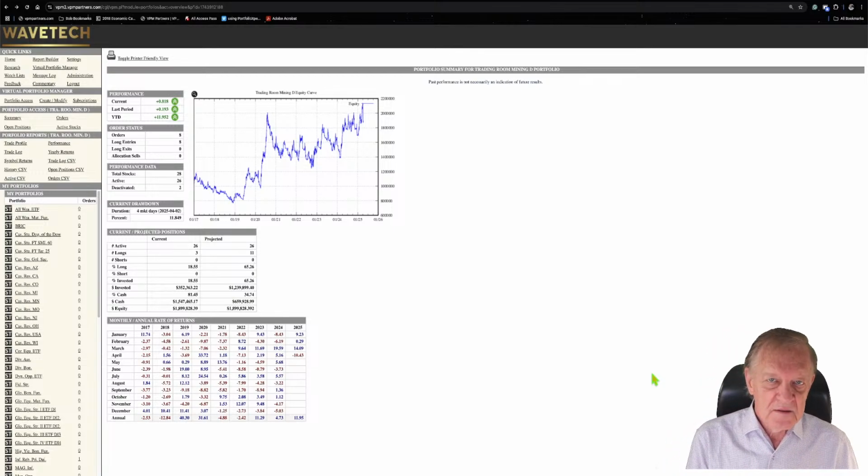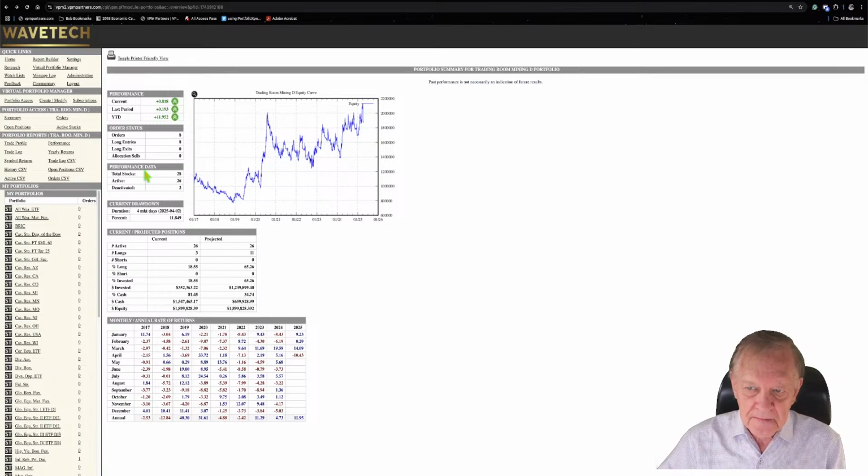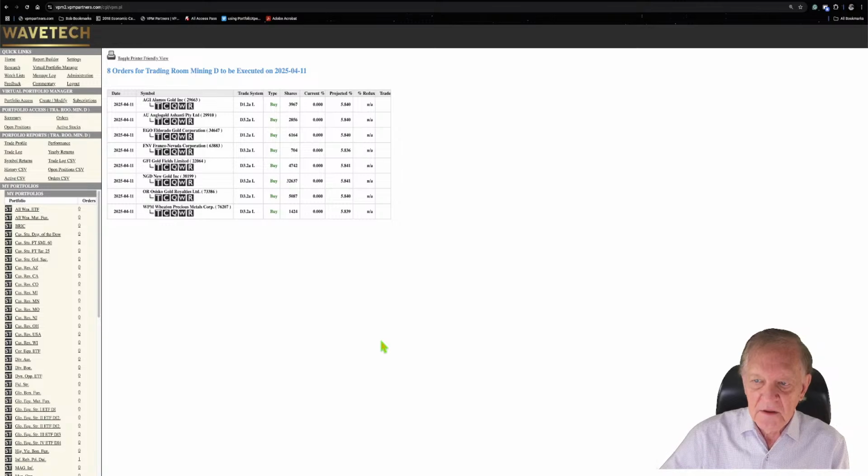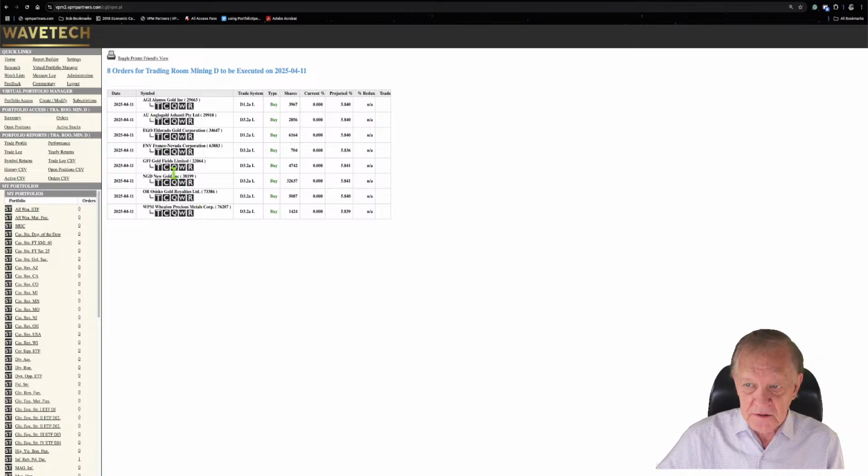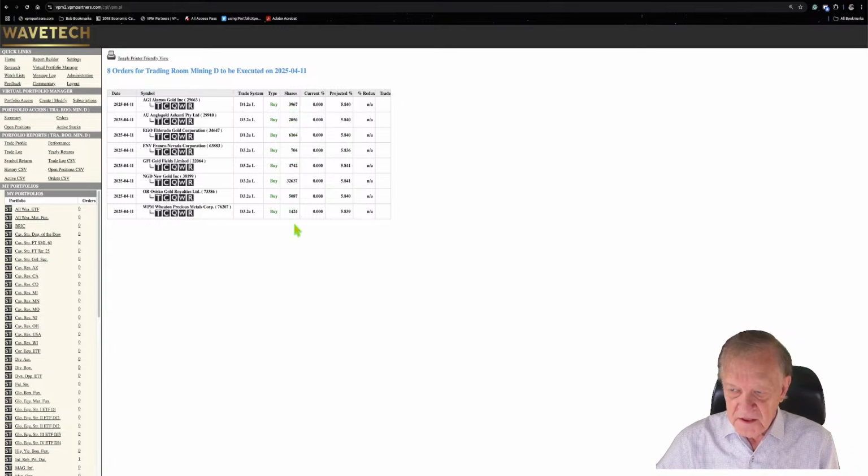So everything, you would have had orders last night. Yeah, so these are the orders that came out today. This set of symbols was a buy, and this model on dollar amount is giving you the shares, but also giving you the projected percentages to buy.